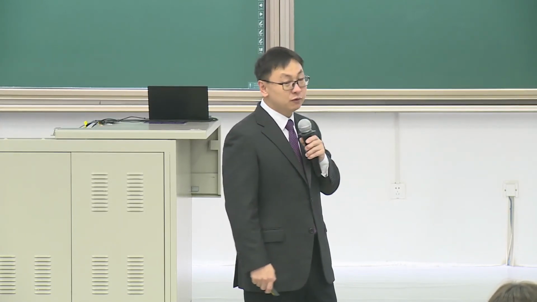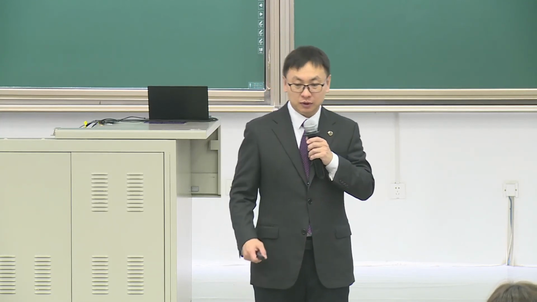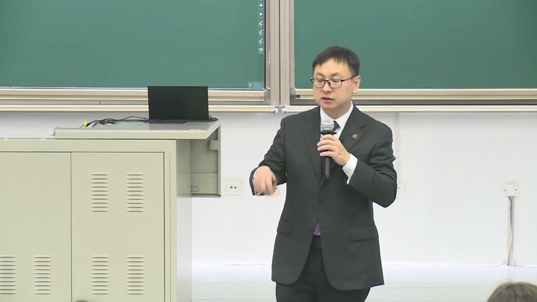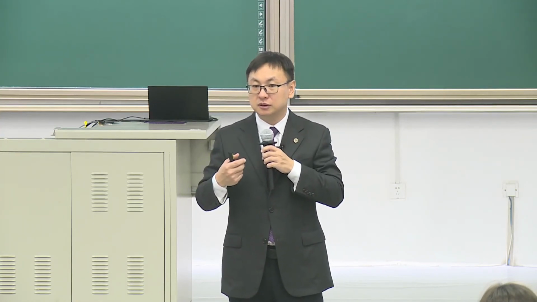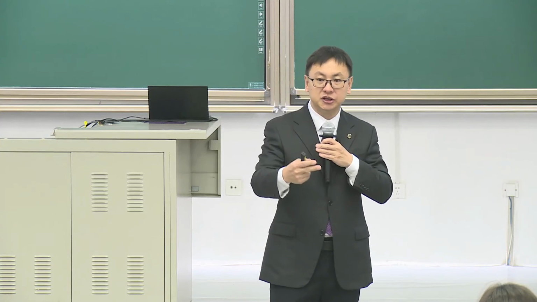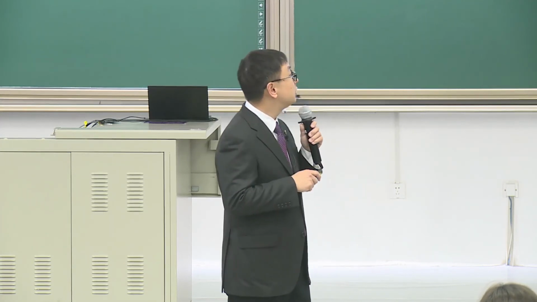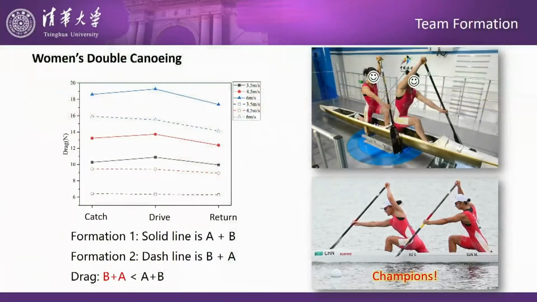Now team formation. When athletes are on the boat, everyone has their own performance, but seat changes can cause a lot of difference. So here we have A at the front, B at the back. It's the solid line. The dashed line is B in the front, A at the back. Then what do we have?